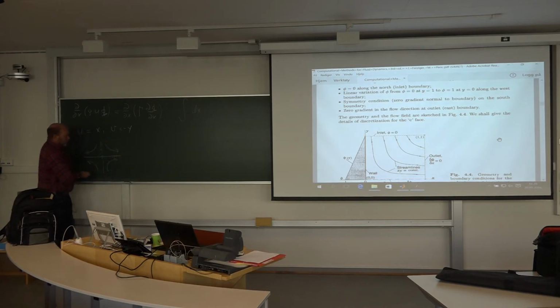If this is a solid wall and you send in 0 at the top, it has nothing to do with this advection term, the transport term. You have no transportation through a solid wall. You don't have a velocity through the y-axis. But this term, the diffusion term, will let this concentration diffuse into our area.